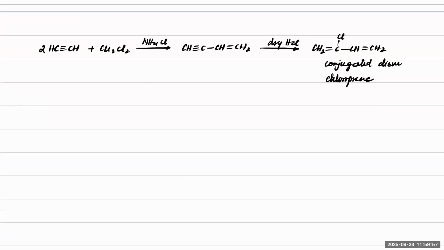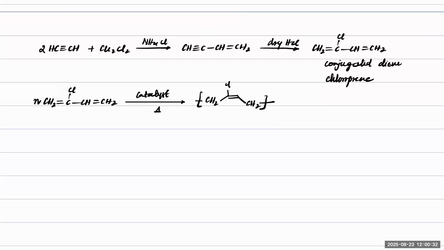Chloroprene is an important monomer for polymerization, and it gives you an artificial rubber. If you take a suitable catalyst and heat it, with n moles of this you will get CH2 with Cl and a double bond like this, CH double bond, then CH2, extending into n.